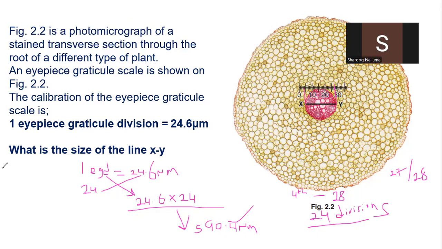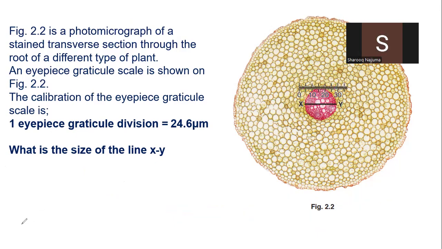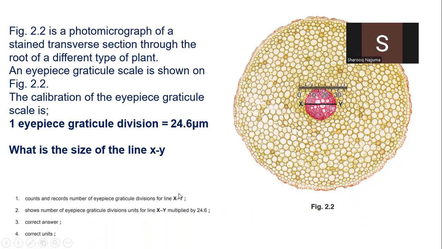Let's look at another example so that we really get this into our heads. If you look at the guide to this question, you're told that the student should be able to count and record the number of eyepiece graticule units, divisions or units for line XY.